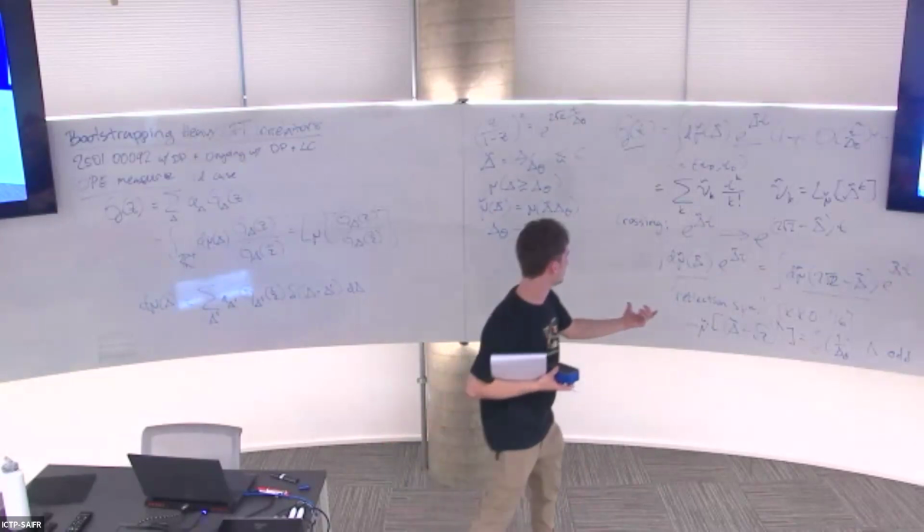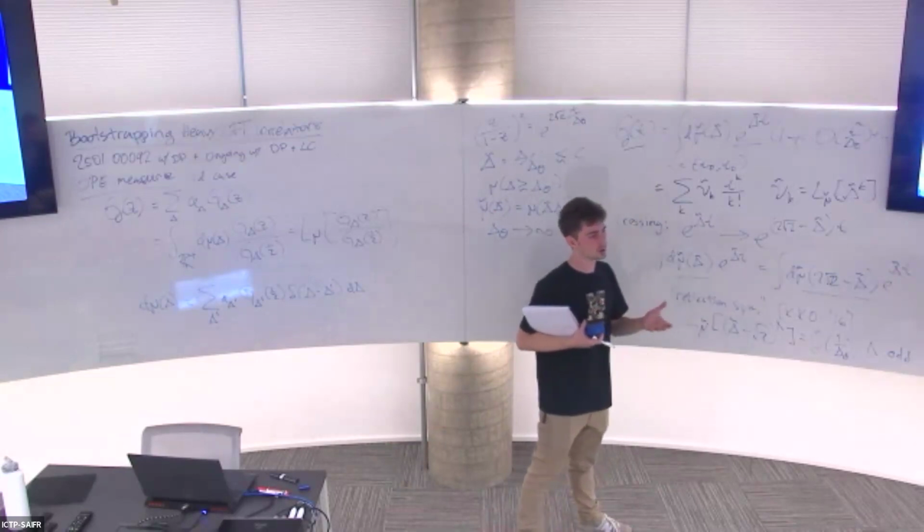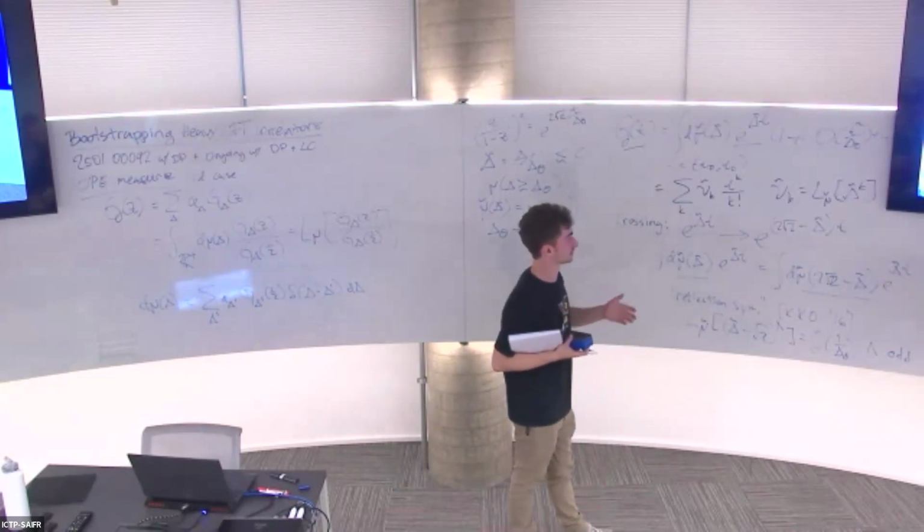I write this notion of reflection symmetry. We're essentially equating these measures. We can't exactly equate these measures.